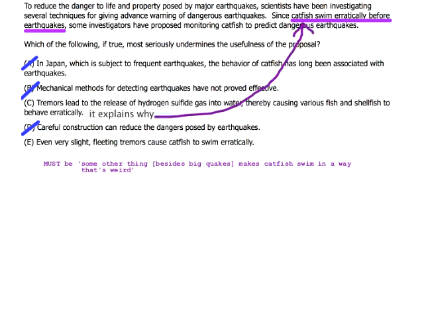C provides us with the science behind why catfish swim erratically before earthquakes, but we don't care. This doesn't support the argument at all, because the argument just depends on the fact that there is a correlation. The argument is totally not affected by why. As long as the correlation is real, we only care that it exists, not why.